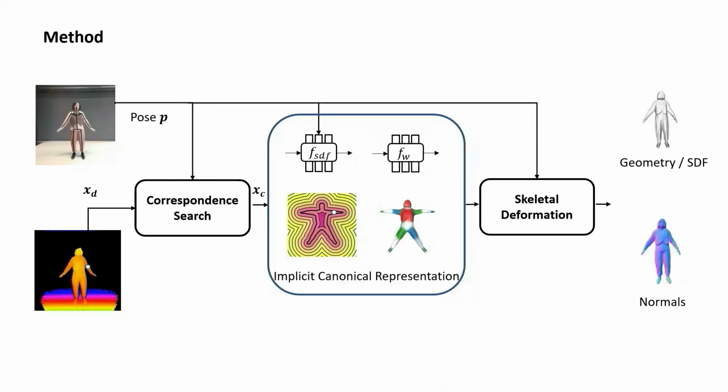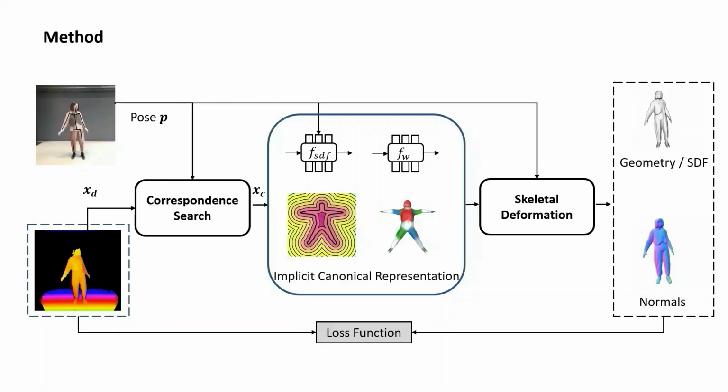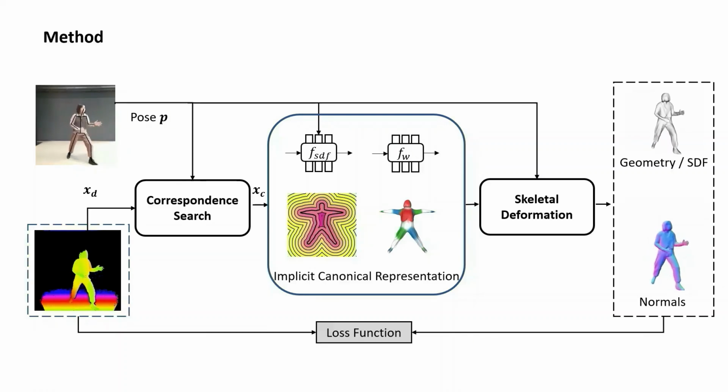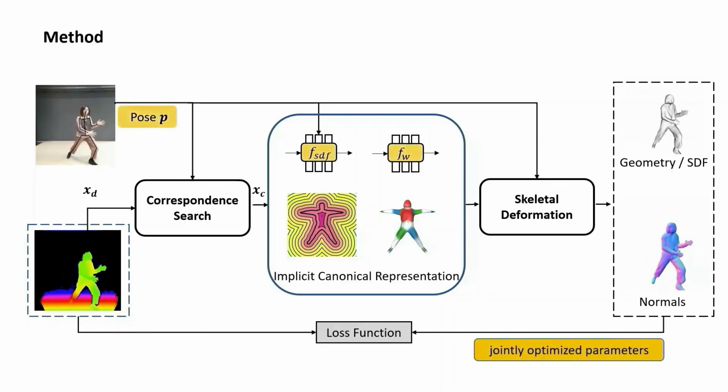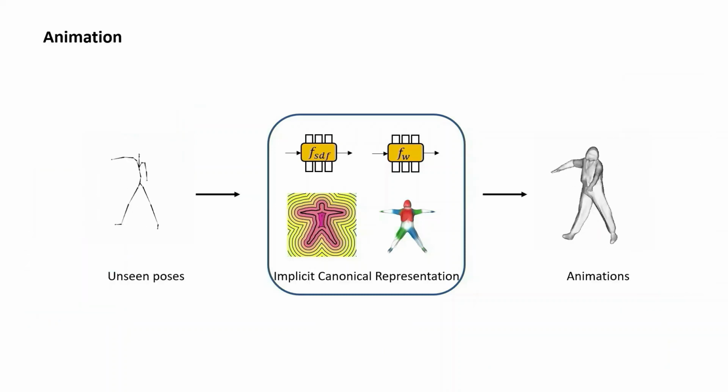We estimate the SDF value and the normal of these points in canonical space, and then map them into deformed space via linear blend skinning. We compare these predictions with the input observations, and jointly optimize the pose, shape, and skinning parameters to learn PINA. With this learned representation, we can generate animations of the avatar in unseen poses.